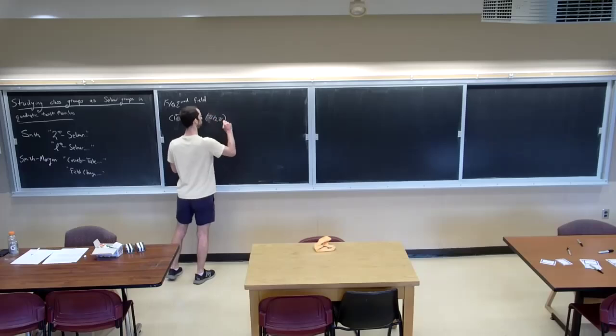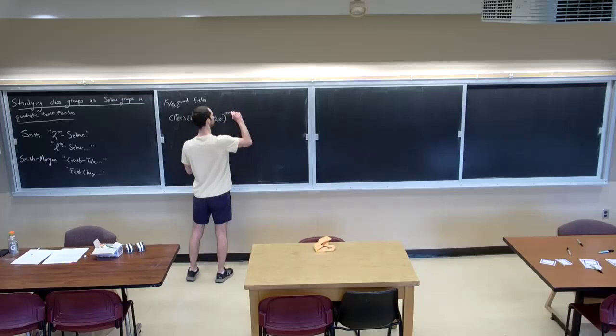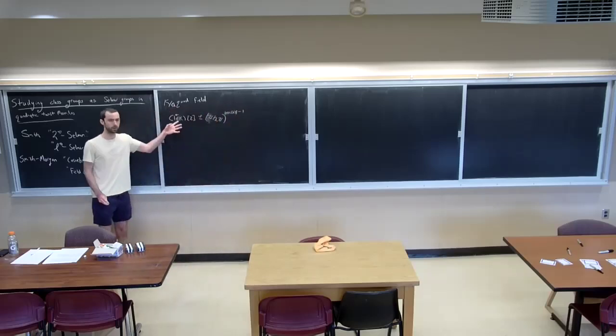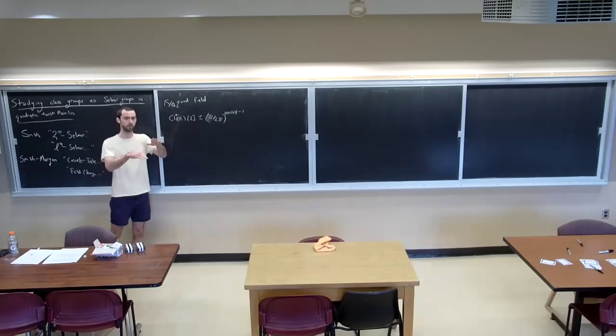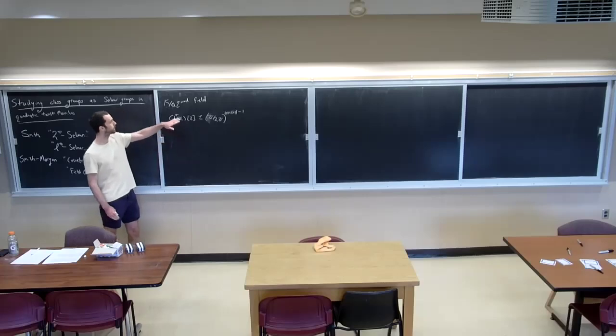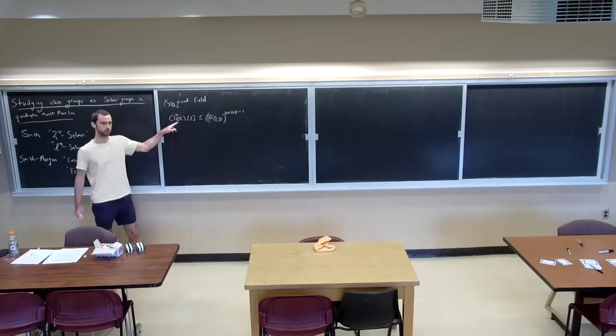So the narrow class group, I'm just putting in some extra sign conditions, but you shouldn't worry too much about it. If I put an imaginary quadratic field, this is just the class group. If I put a real quadratic field, it's pretty close to the class group. I just have to think a little bit about units and if the negative Pell equation is solvable. But basically, for a quadratic field, there is some sort of obstruction to randomness sitting inside the 2 part, or sorry, the 2 torsion.